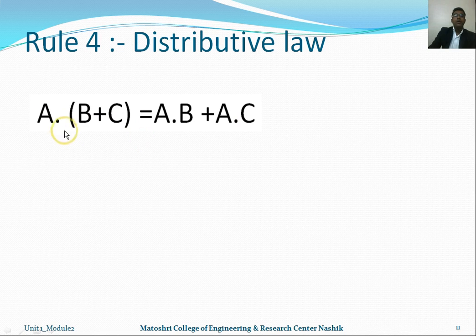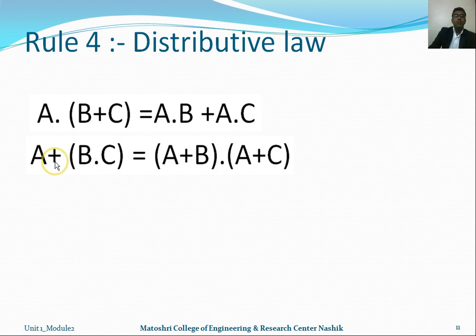So A performs a dot operation with B, ORing with A similarly performing a dot operation with C. So A dot B plus A dot C. Similarly, in case of A ORing with the bracket BC, we get (A plus B) dotted with (A plus C). That second rule is very, very important, and how it holds we will see in the proceeding slides.